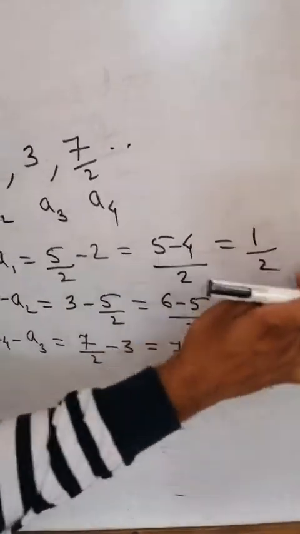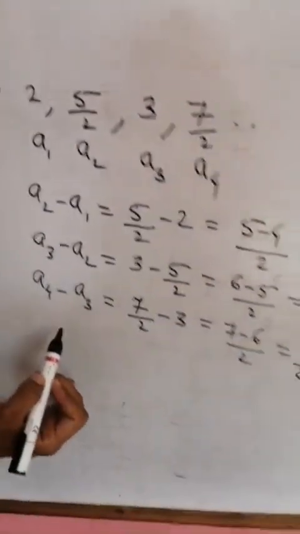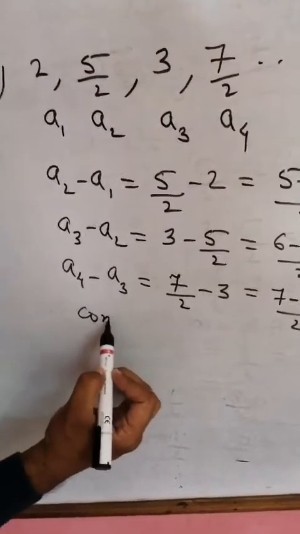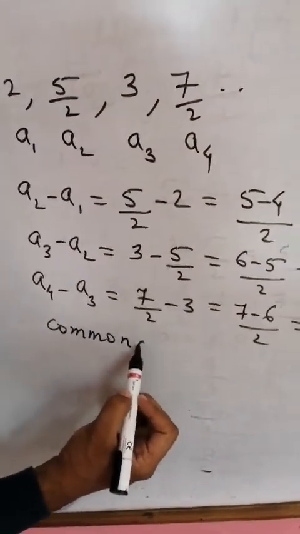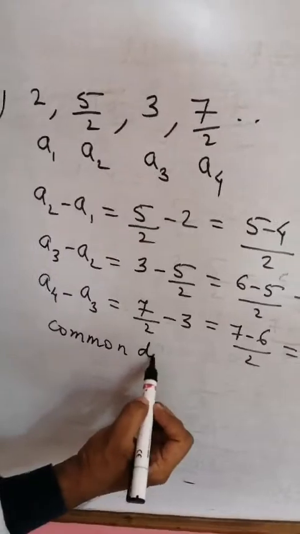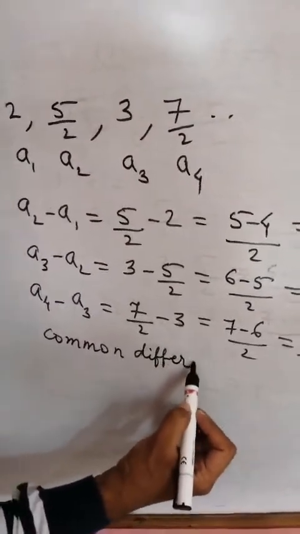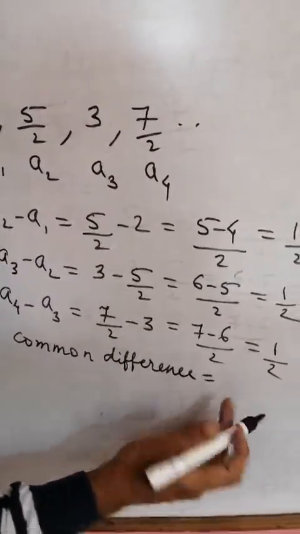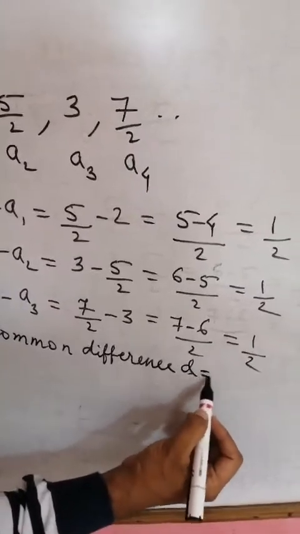Here you can see the common difference is the same in all cases, therefore the common difference D, as denoted with the letter D, is equal to 1 by 2.